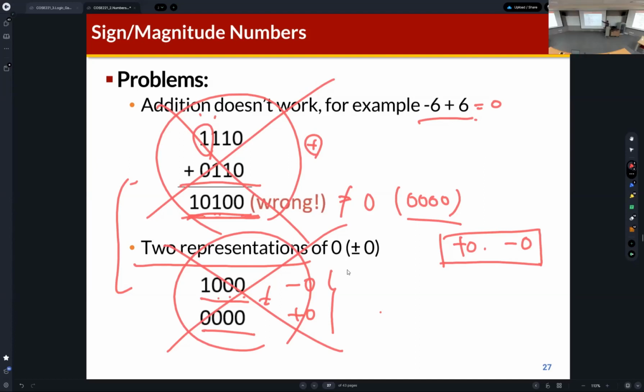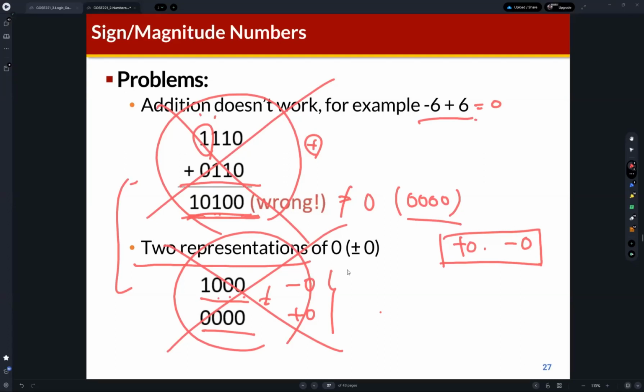Okay, we can represent 0 like 1, 0, 0 and then 0, 0, 0. And it's the same for the real decimal number system, because we use this sign and magnitude number system in our real numbers.